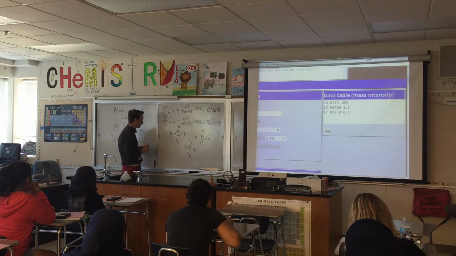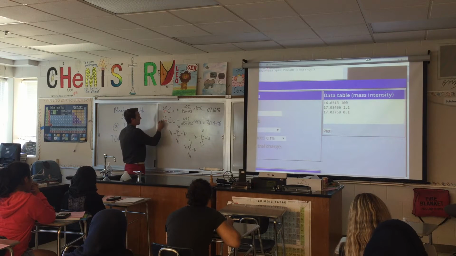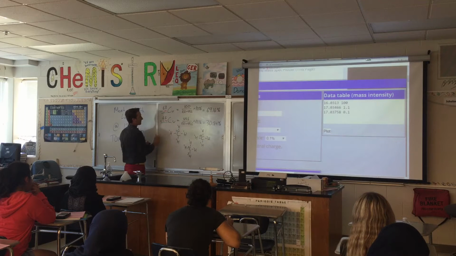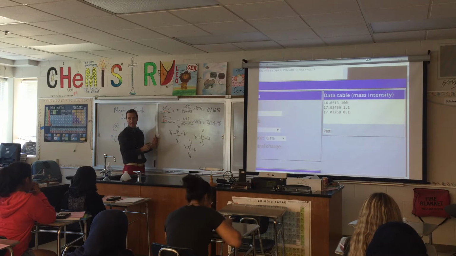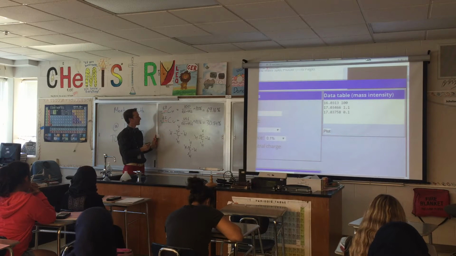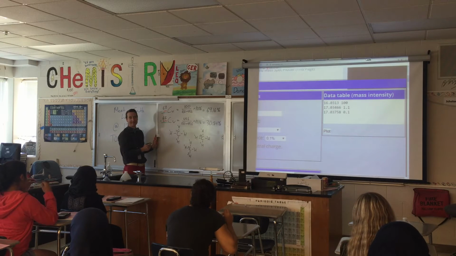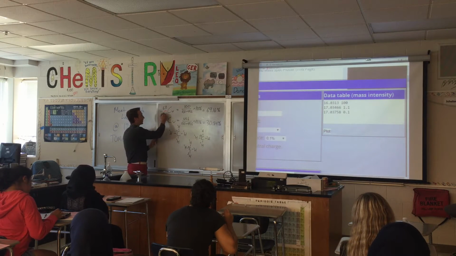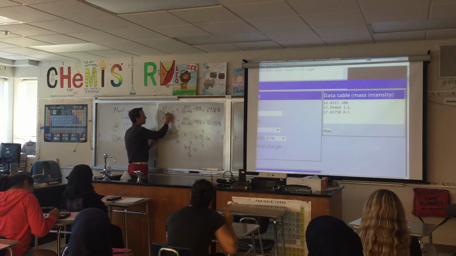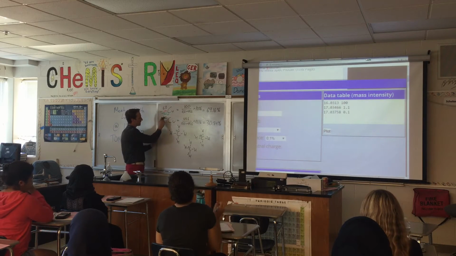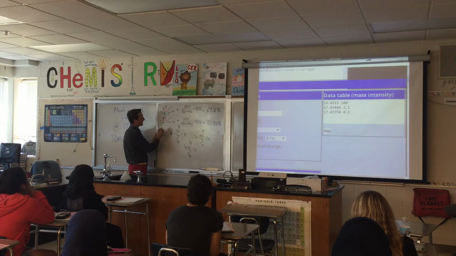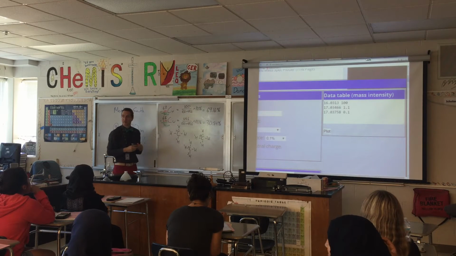If you want to know the number of neutrons, you just subtract. 63 minus 29? 34. Okay, so 34 neutrons in copper 63. 65 minus 29, 36. 36 neutrons. They differ in the number of neutrons.